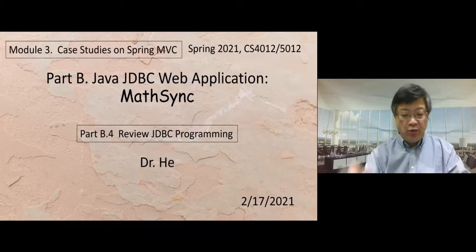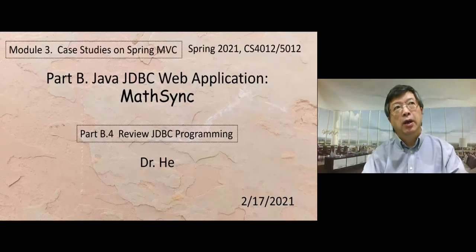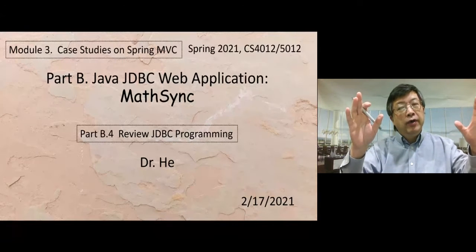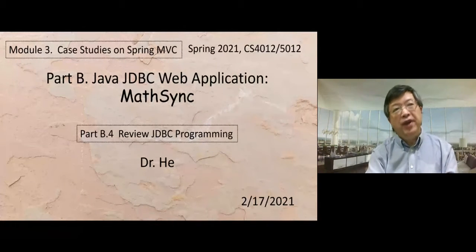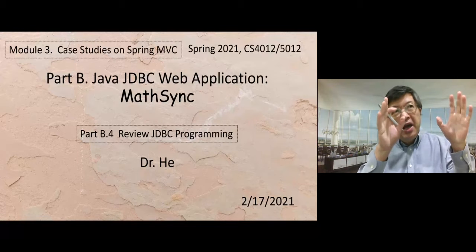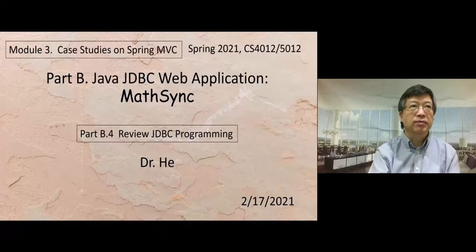Part B.4, review JDBC programming. Here, I cannot give you the whole JDBC theory because we do not have that much time. But I can review the main points of JDBC programming.